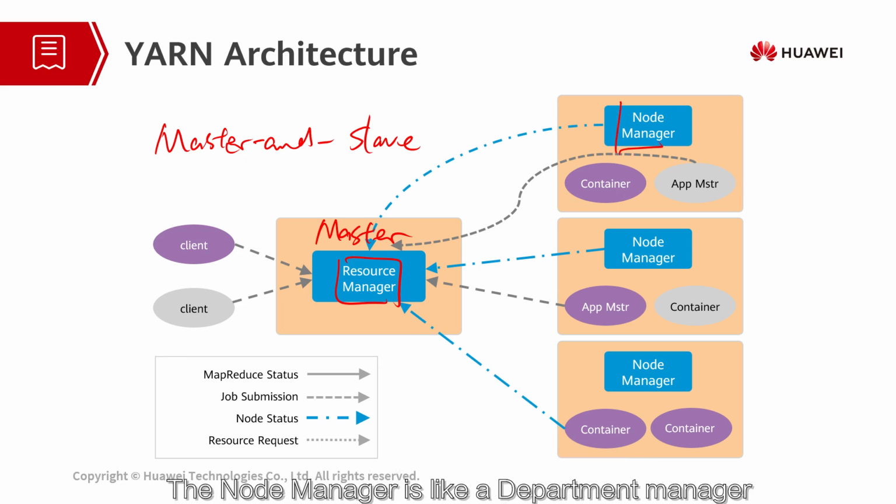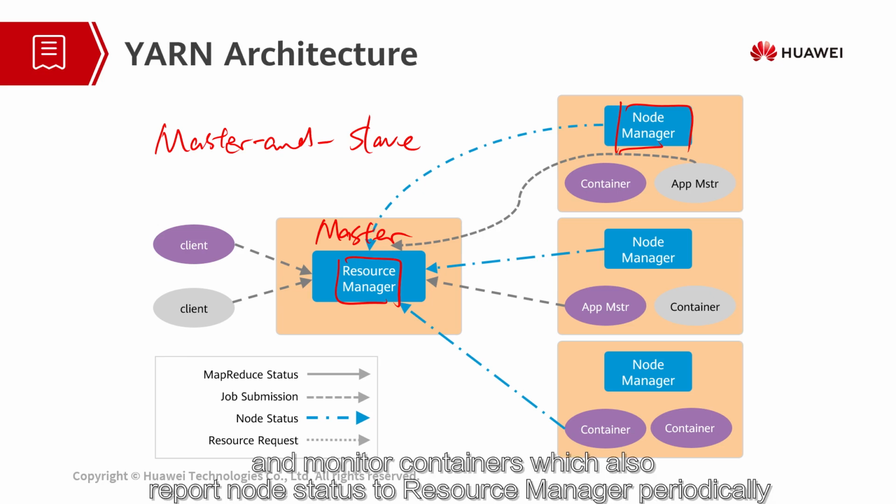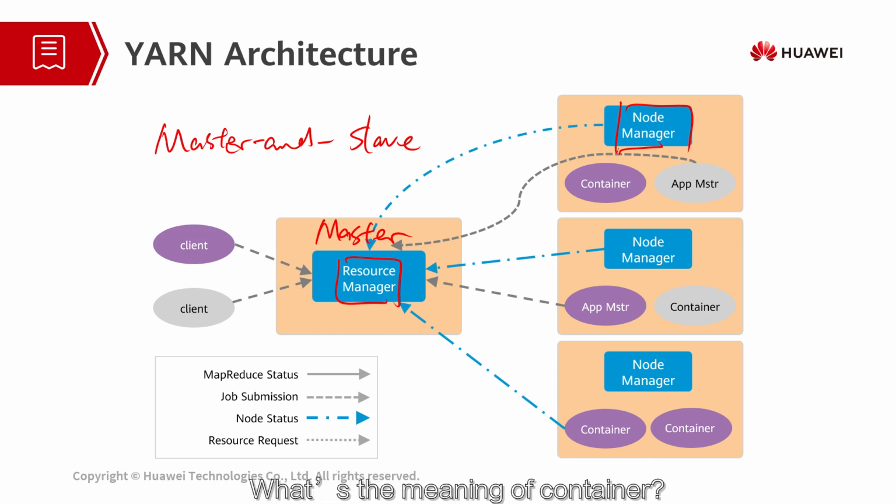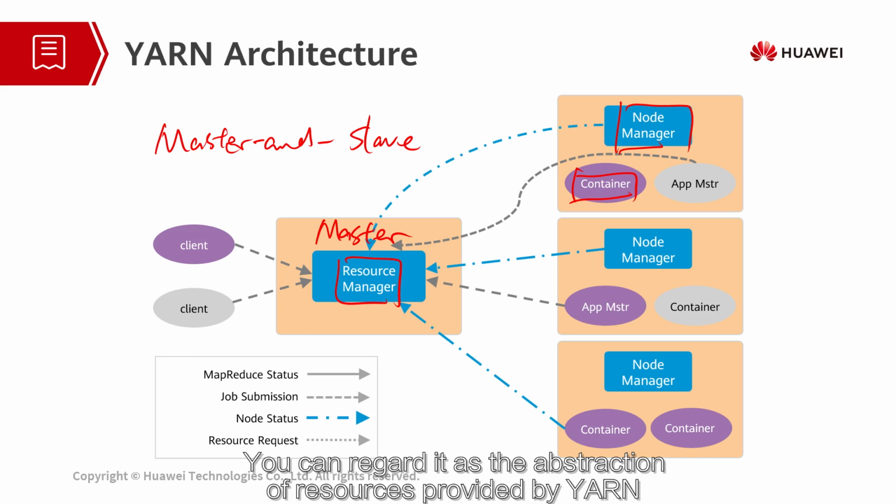And the Node Manager is like a department manager. They are running on all nodes in the cluster to launch and monitor containers, which also report node status to Resource Manager periodically. What's the meaning of a container? You can regard it as the abstraction of resources provided by YARN.